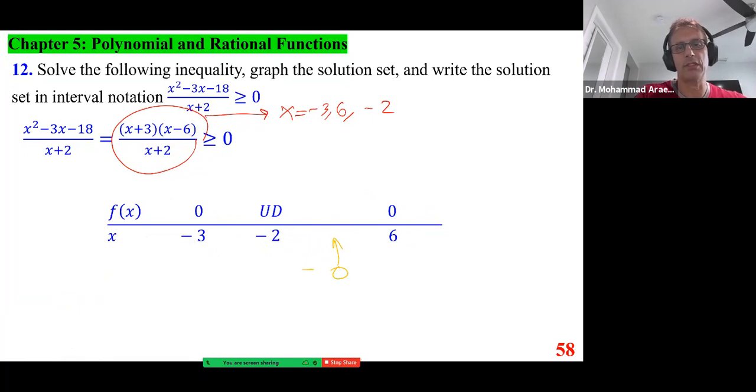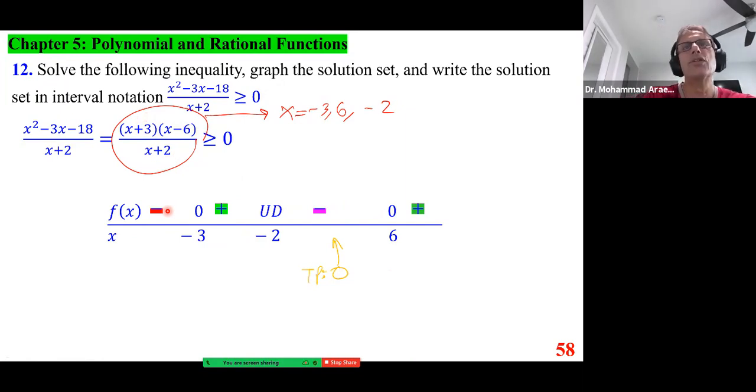I'm going to call it TP, short for test point, and observe what happens. Because you're replacing x with 0, this becomes positive, negative, positive. Positive times negative over positive is negative. You can test the rest, but because each one has degree 1, they alternate. So if this is negative, then the others are positive, positive, negative.